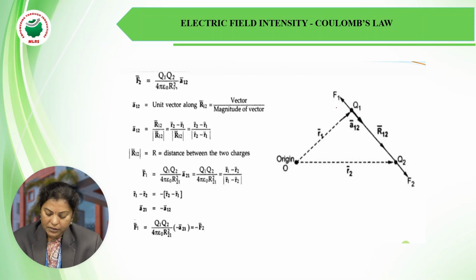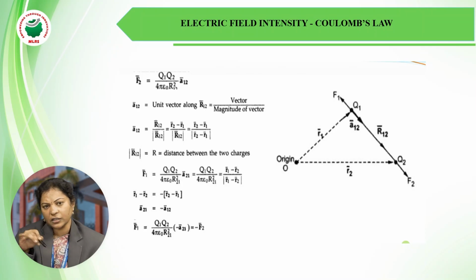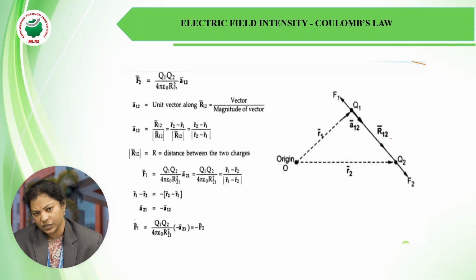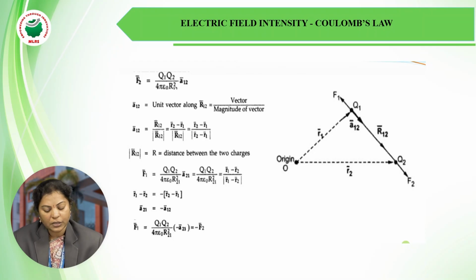These two forces are oppositely directed, because in space the force on a charge has an opposite force on the other charge. The force on Q2 is defined as Q1 Q2 by 4 pi epsilon naught into R12 square into A12, where A12 is the unit vector, calculated as the vector divided by the magnitude of the vector. That is why I am explaining all these terms to define Coulomb's law of force in vector form.